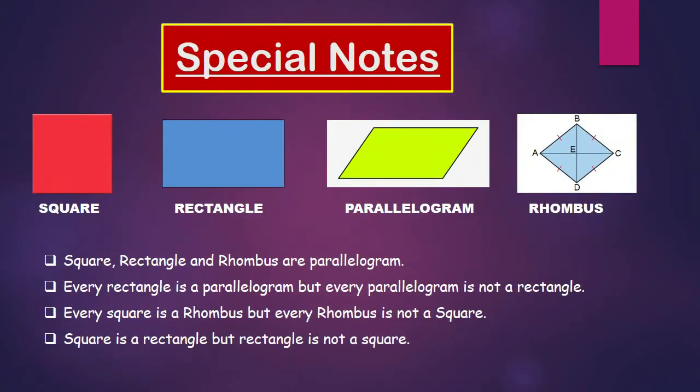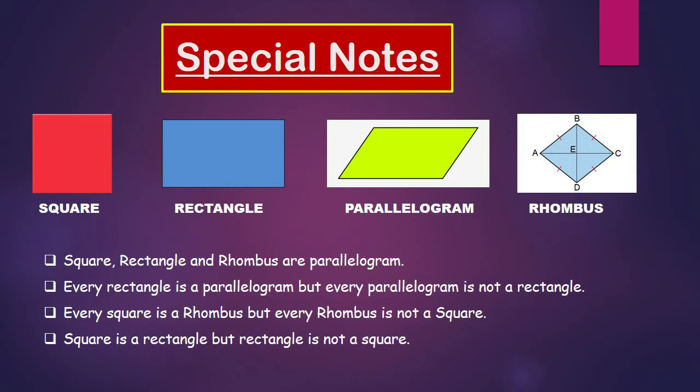There are some special features about some special quadrilaterals. Now in this we can see square, rectangle, parallelogram and rhombus. Just observe them carefully. Square, rectangle and rhombus are all parallelograms because these quadrilaterals have all the properties of a parallelogram. Every rectangle is a parallelogram, but every parallelogram is not a rectangle. Why?